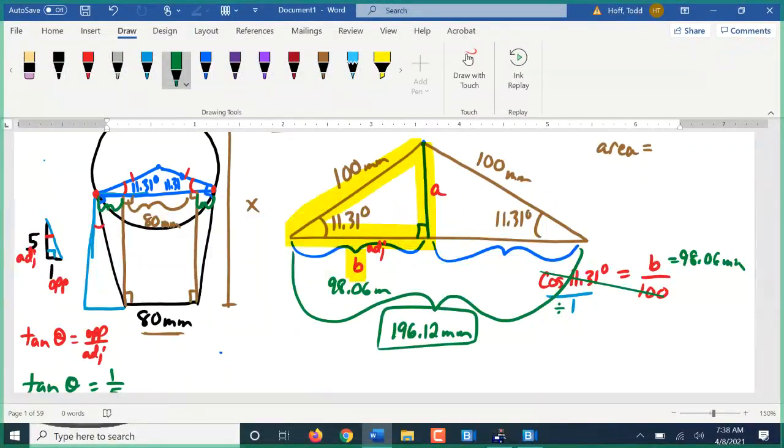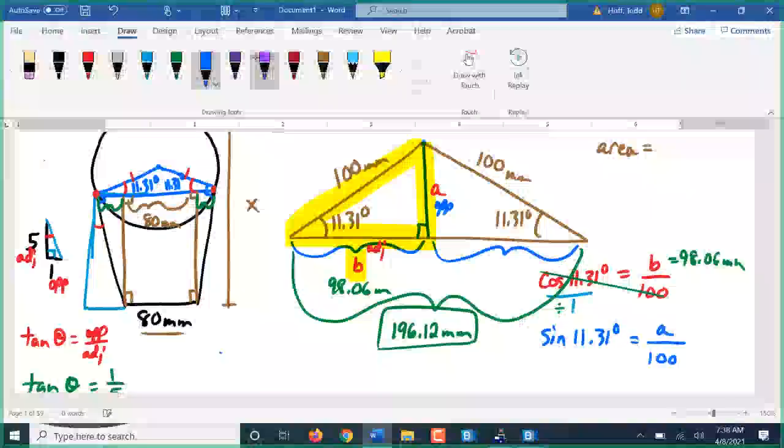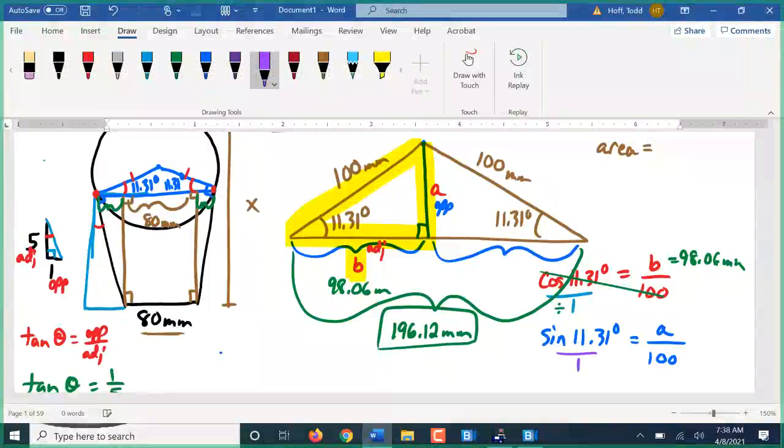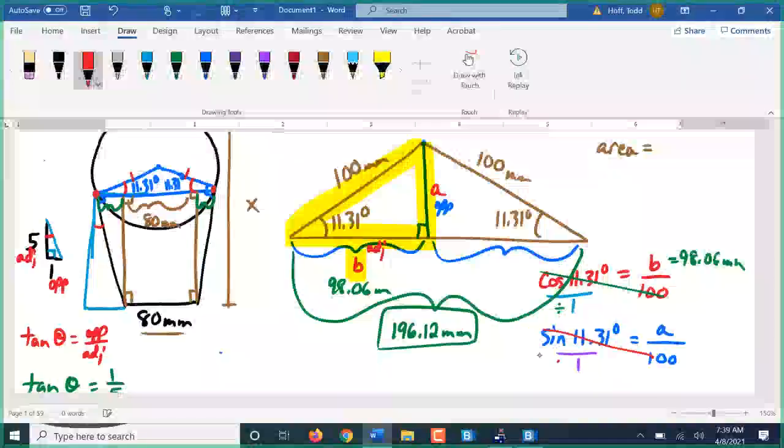I also want to find A while we're at it. A would be the opposite side according to my 11.31 degree angle. Opposite and hypotenuse make the sine. So sine of 11.31 degrees equals the opposite side A over my hypotenuse of 100. Once again, I'll make that into a proportion by putting it over 1, and I will cross multiply and divide.